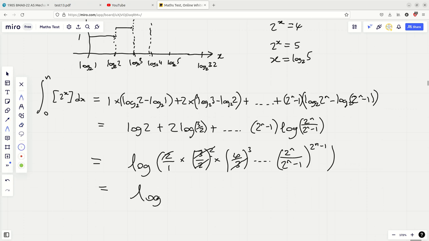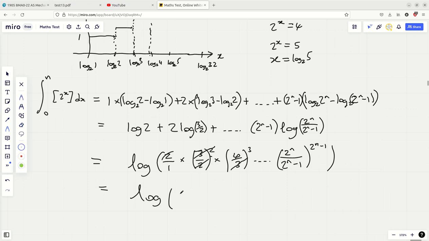So what have we got? You've got log of, we're going to have a 1 over 3 times a 1 over 2. I've missed a 1 over 2. That's why I'm getting confused. The 2 squared, I've missed that 2 squared.